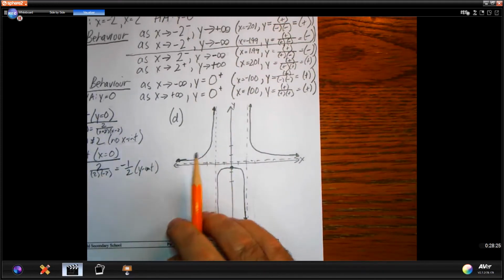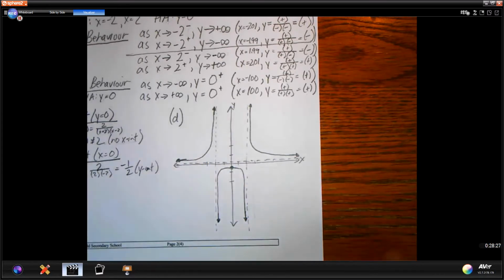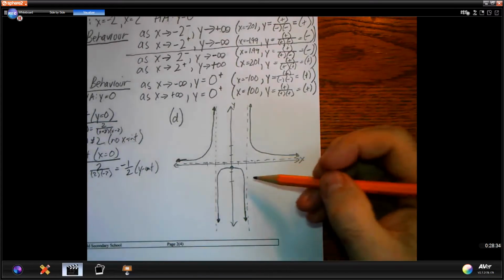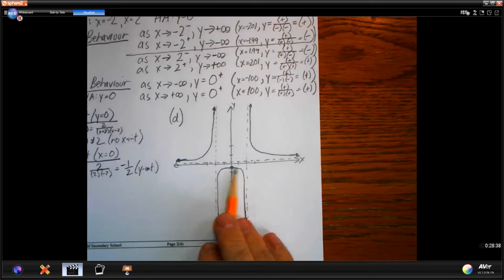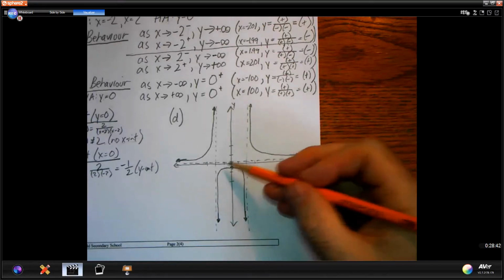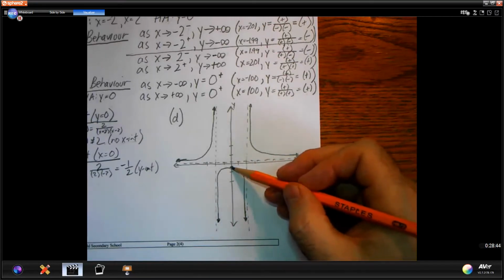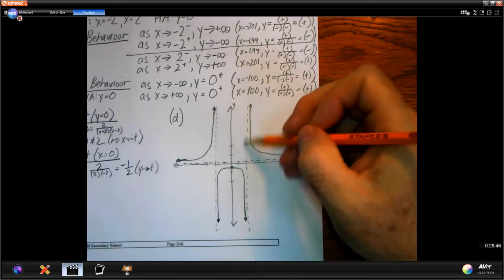Now, one thing I didn't talk about, it's one of the notes on the first page. For these middle sections, you could almost say that, if it's kind of like a parabola, there must be a point here where it reaches, in this case, a maximum value, or if it was over here, it'd be a minimum.